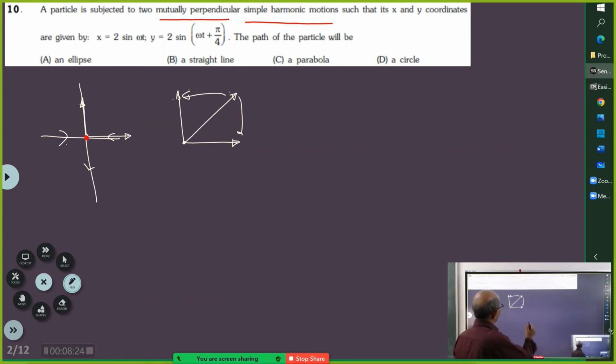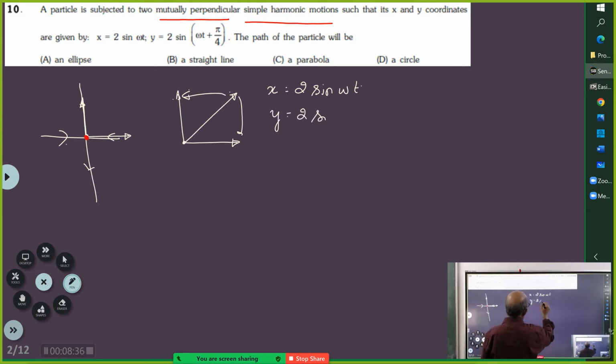The x coordinate of the resultant is given as 2 sine of omega t, and the y coordinate is given as 2 sine of omega t plus pi by 4. So they are asking you whether it's an ellipse, a straight line, a parabola, or a circle.